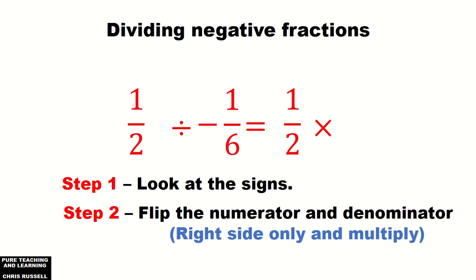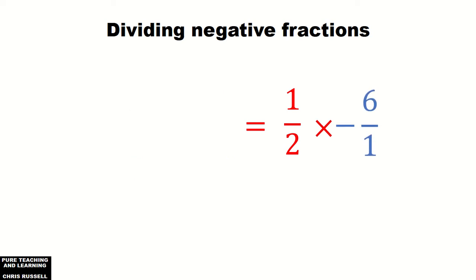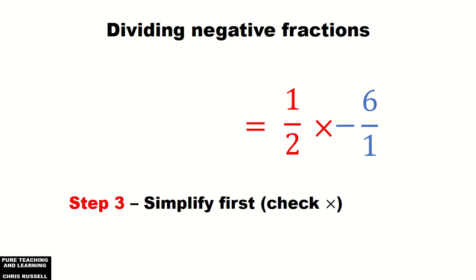So we have a half, change the dividing symbol into multiplication, and now we've got negative 1/6, but we flip the numerator and the denominator. Now we're left with a half multiplied by negative 6 over 1.